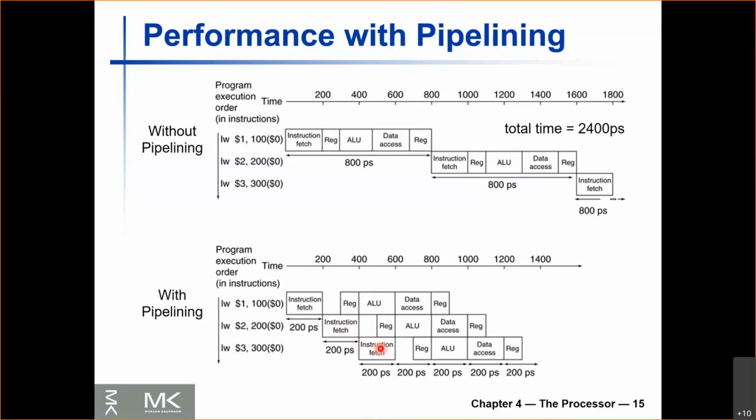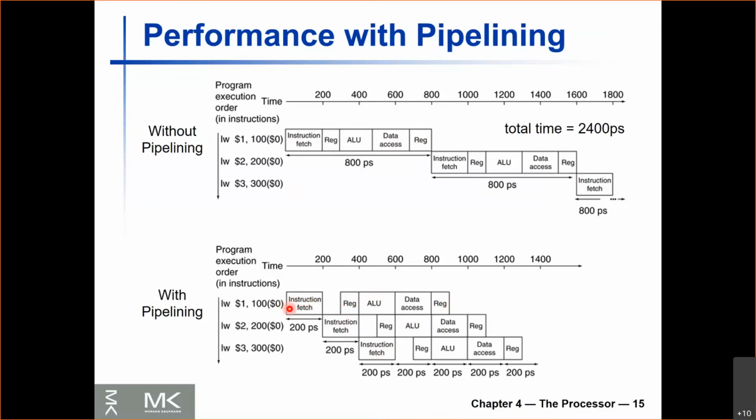Okay, and so on. So now a single instruction is actually going to take more than 800 picoseconds, because we had to stretch the decode and the write back stages to be 200 picoseconds like the others. So in this case, a single instruction takes 1,000 picoseconds.